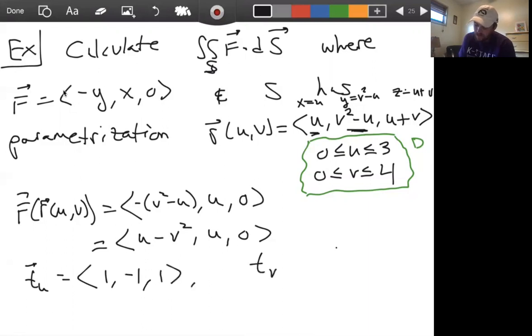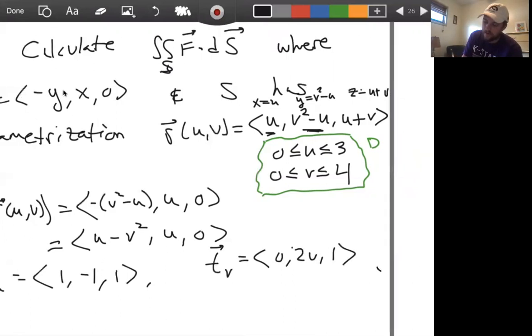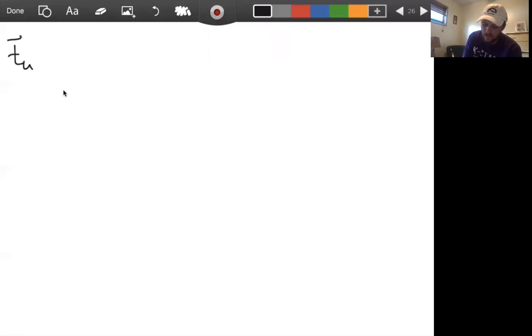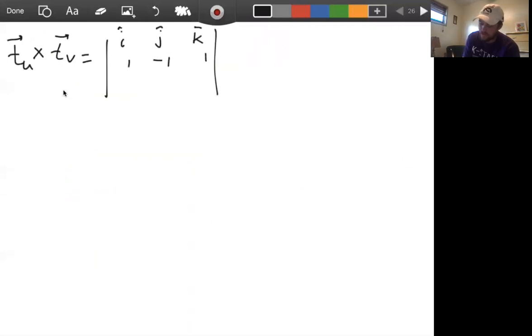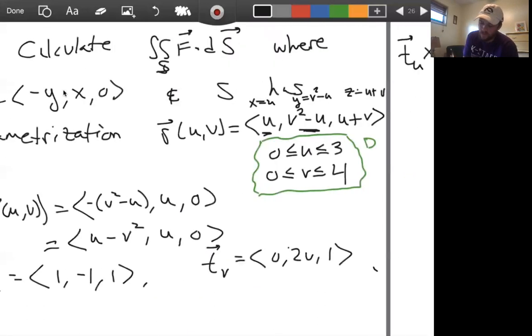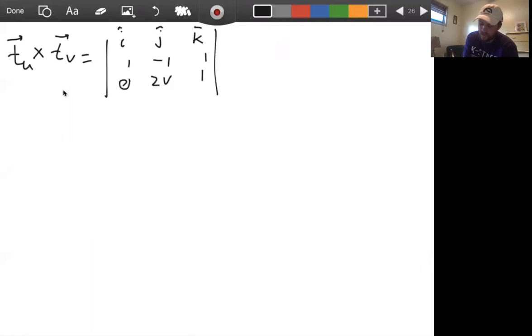And then for T_v, it's the derivatives of r, but now with respect to v. So 0, 2v, 1. Okay, and we need their cross product. So T_u cross T_v is i, j, k, and then T_u was 1, -1, 1, and T_v was 0, 2v, 1.